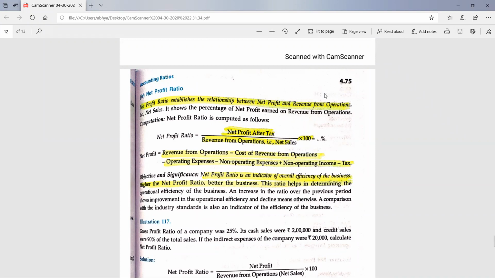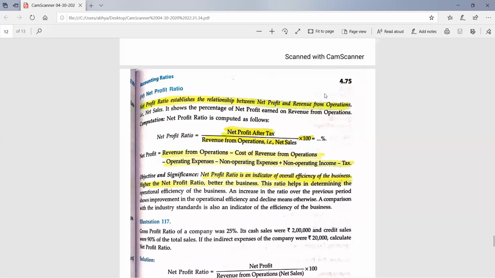Means GP ratio and NP ratio. Why are we doing two topics today? Because both the topics are same. Only a minor difference. In GP ratio we consider GP, and in NP ratio we consider NP, net profits after taxes. Now how were we finding out the net profits?